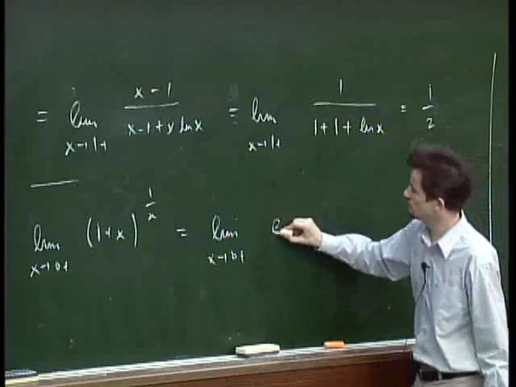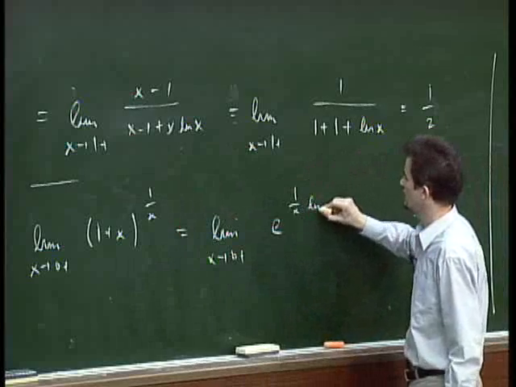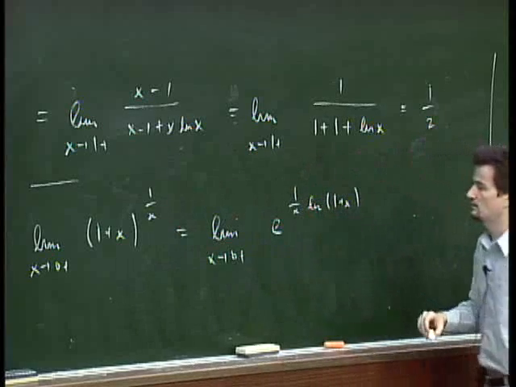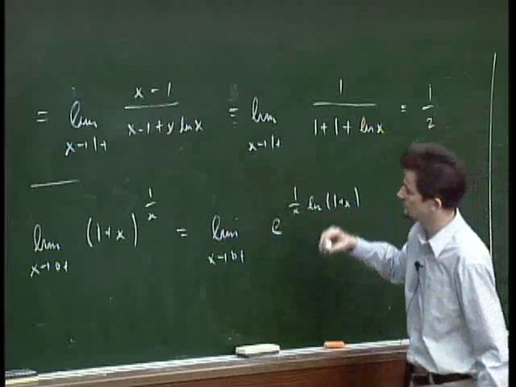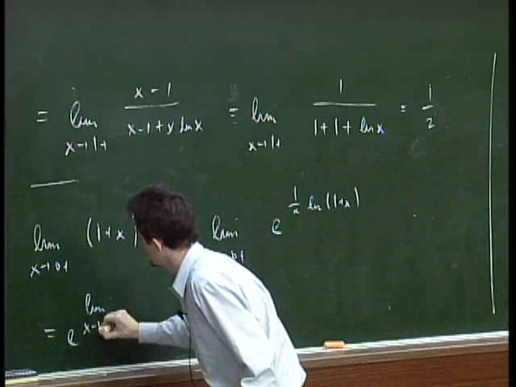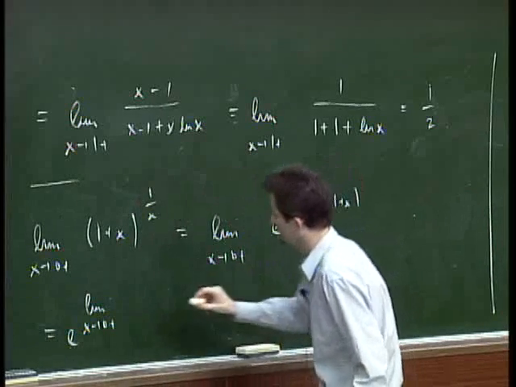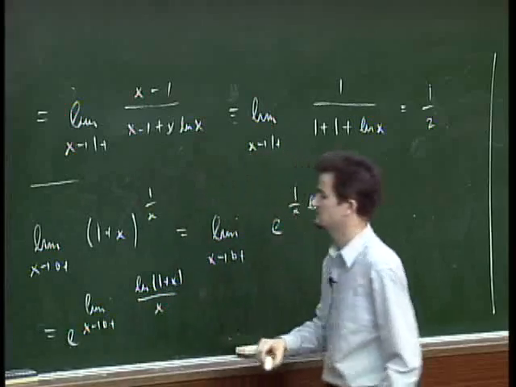So actually, what you do is you write e to the power, then you have 1 over x times ln of 1 plus x. Now, e to the power is a continuous function, so you can write the limit in the power. So you have e to the limit as x tends to 0 from the right of ln of 1 plus x over x.